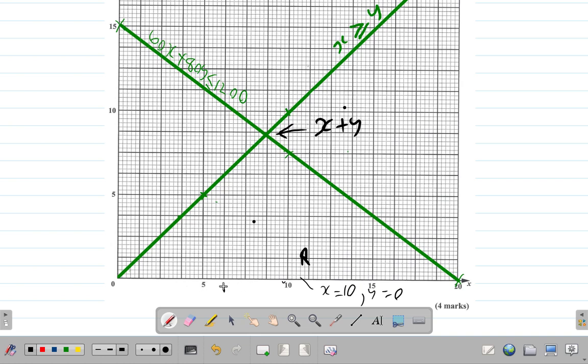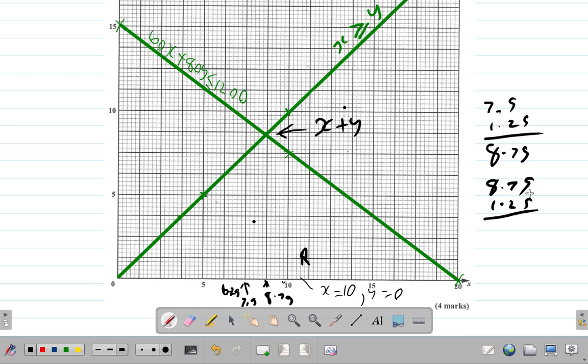We already figured out this should be 6.25. Then 6.25 plus 1.5 is 7.5. This point should be 7.5 plus 1.25, so that would be 8.75. Then 8.75 plus 1.25 would be 10.